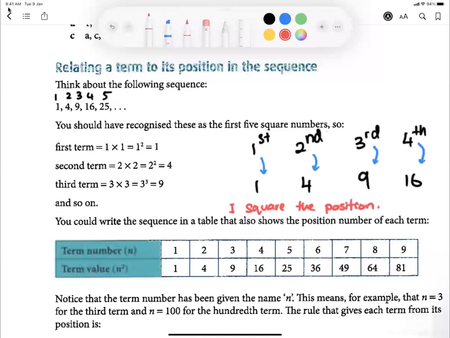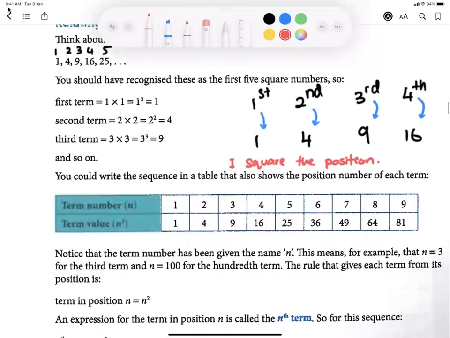So the fifth number will be 25. The sixth number will be 36. So when I square the position, I get my term. So the first term is 1 squared, 2 squared, 3 squared. That's how we get the number. As you can see, if we continue the sequence, you will be able to know.